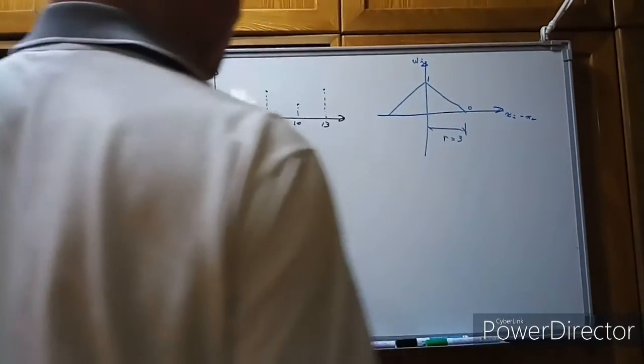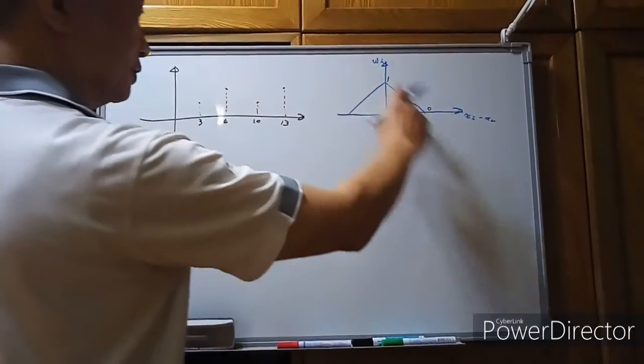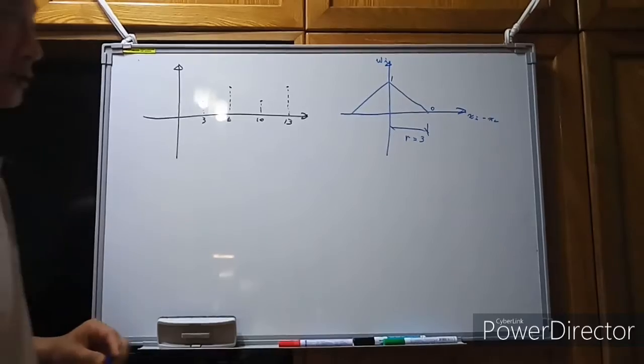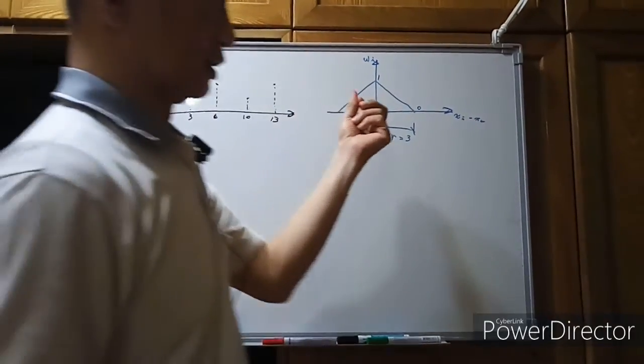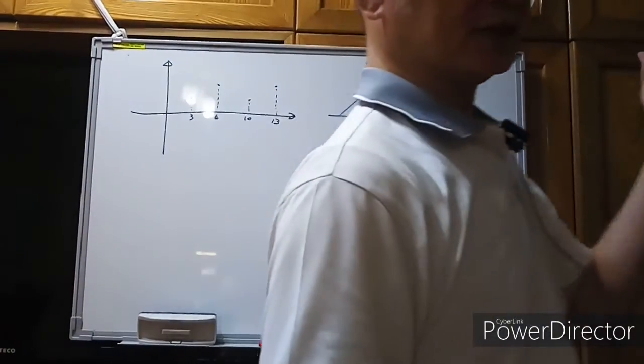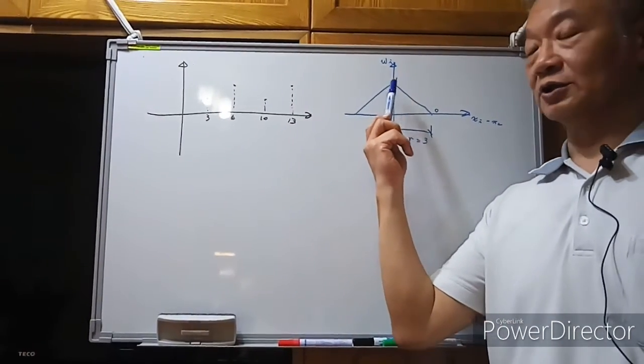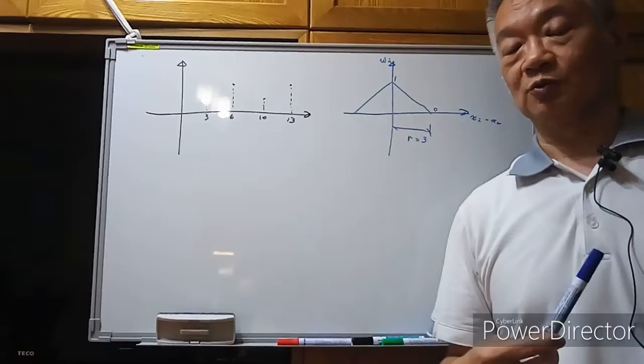For example, if we use the linear weight function, and the distance between the data point and the center point is equal to 0, the magnitude of the weight will be equal to 1.